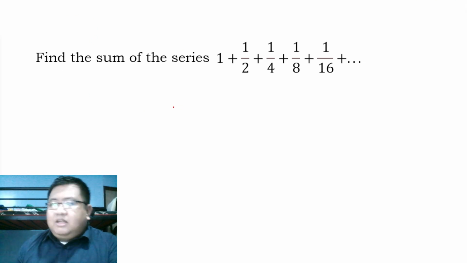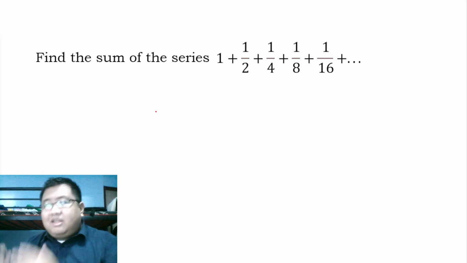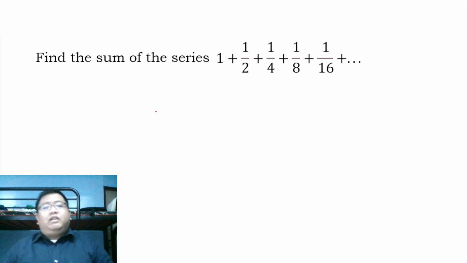Okay, by inspection, you can see that the terms of this series form a geometric sequence. How do we know? We started with 1, then 1 half, then 1 fourth.